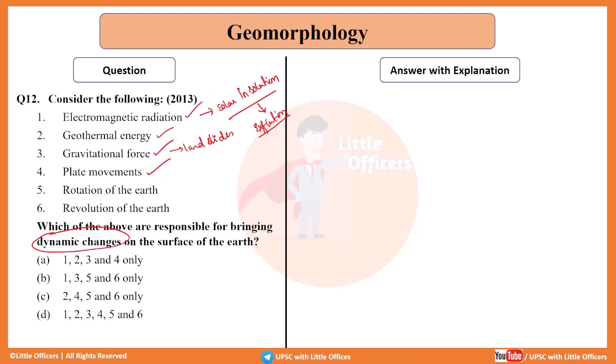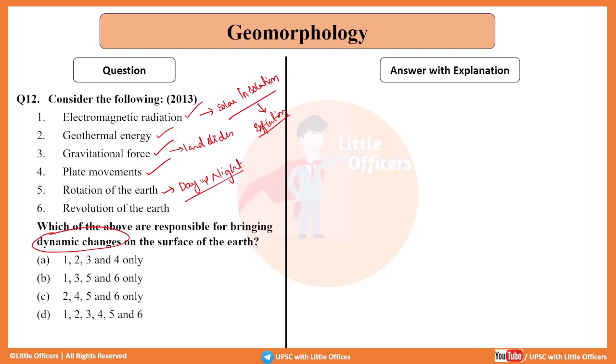Then rotation of the earth and revolution of the earth. For example, rotation of the earth, what happens because of rotation of the earth? Day and night happens. Now you must have studied this in the weathering, no, this frost wedging or freezing and thawing.